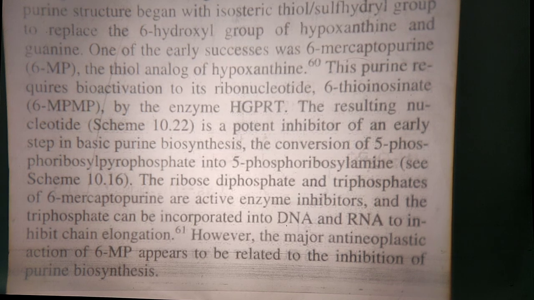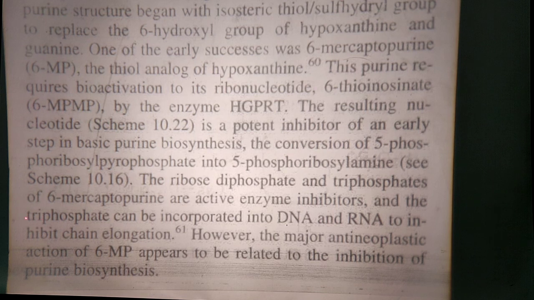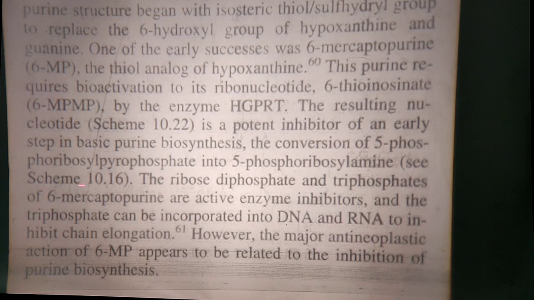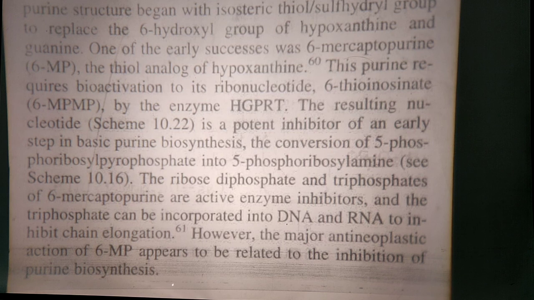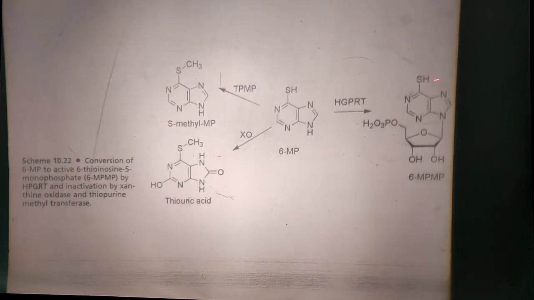The ribose diphosphate and triphosphate of 6-mercaptopurine are active enzyme inhibitors, and the triphosphate can be incorporated into the DNA and RNA to inhibit chain elongation. However, the major anti-neoplastic action of 6-mercaptopurine appears to be related to the inhibition of purine biosynthesis. So now you can see this will not form, and this will not be able to enter into the DNA, and the DNA elongation will not take place.